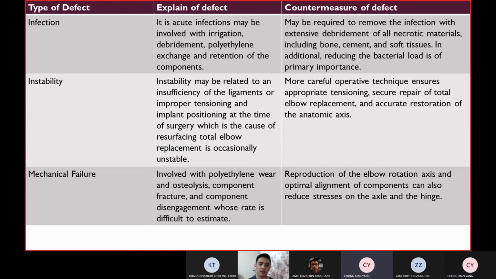The last, for mechanical failure, the countermeasure is reproduction of the elbow rotation axis and optimal alignment of components, which can also reduce the stress on the axle and hinge.